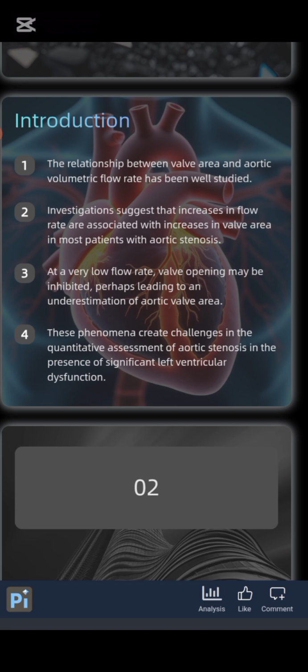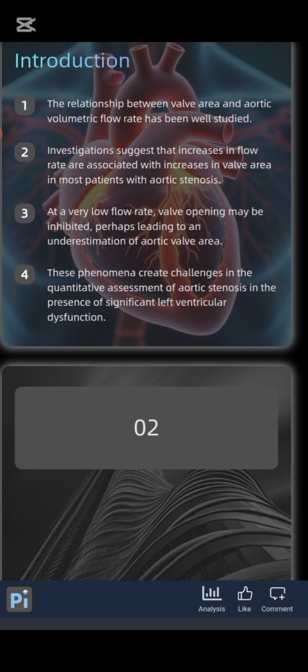At a very low flow rate, valve opening may be inhibited, perhaps leading to an underestimation of aortic valve area. These phenomena create challenges in the quantitative assessment of aortic stenosis in the presence of significant left ventricular dysfunction.